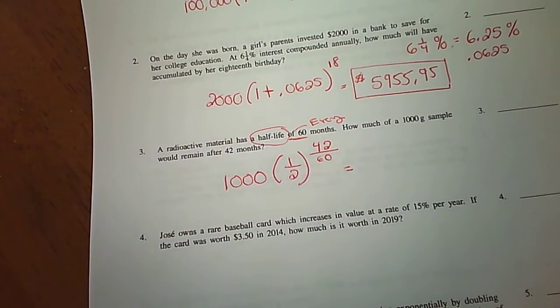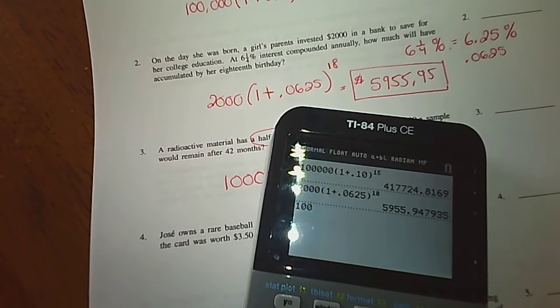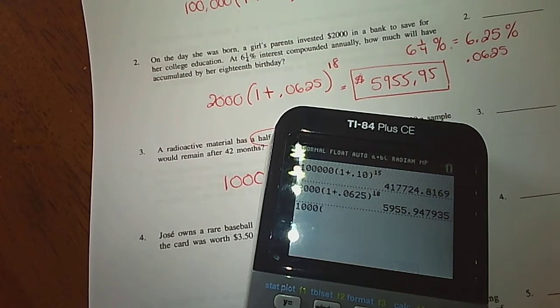All right, so I'm going to throw that in my calculator. 1,000, a half. Oops, I kind of messed up with the parentheses. Let's leave that out of it. Raised to the fraction, 42 over 60. All right.